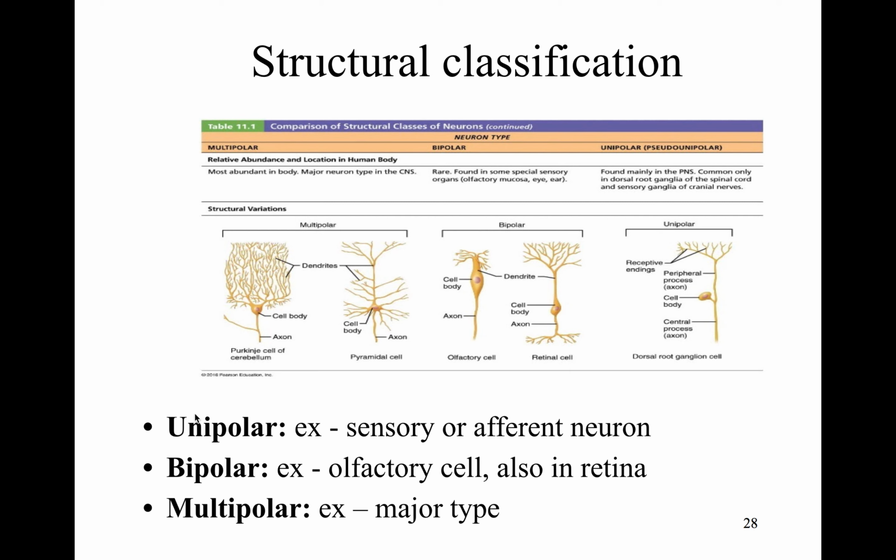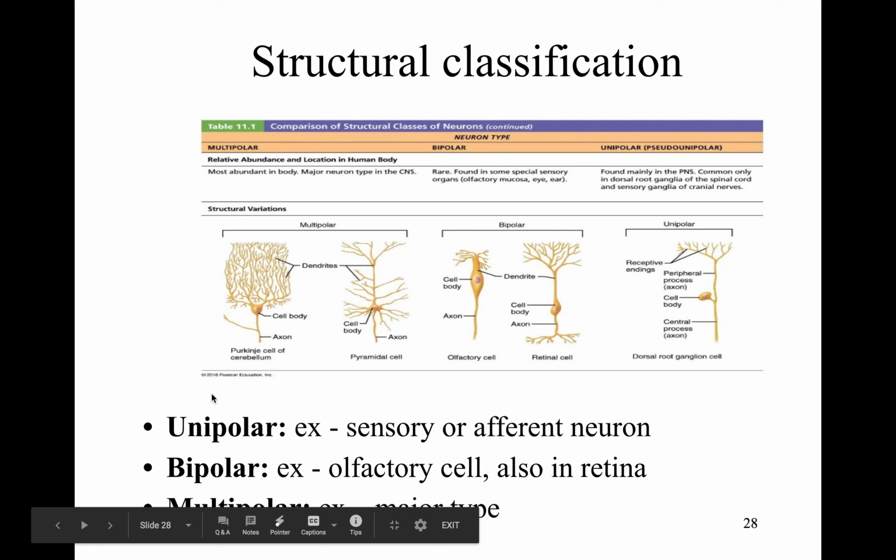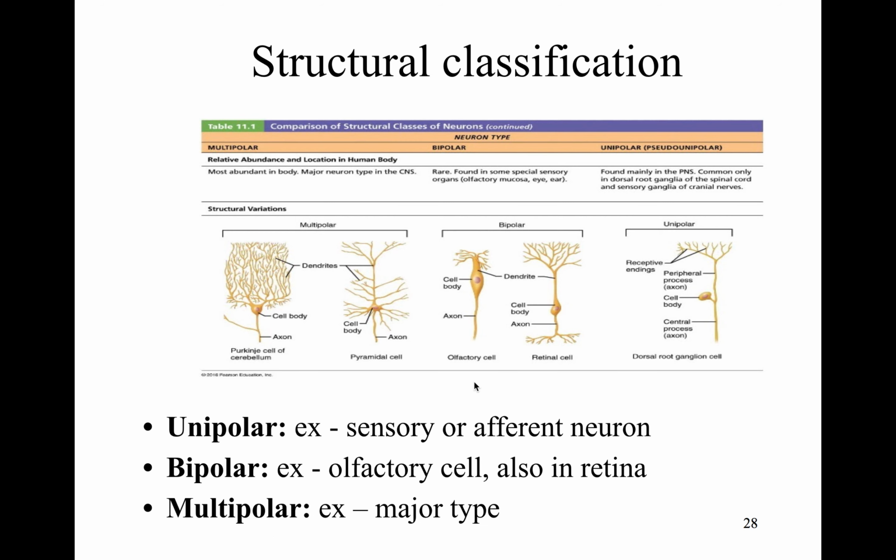So first we'll look at unipolar neurons. Unipolar neurons are really going to have a single process, or a single axon. They have this long axon with a cell body at the center. One side of the axon is going to have an axon terminal.